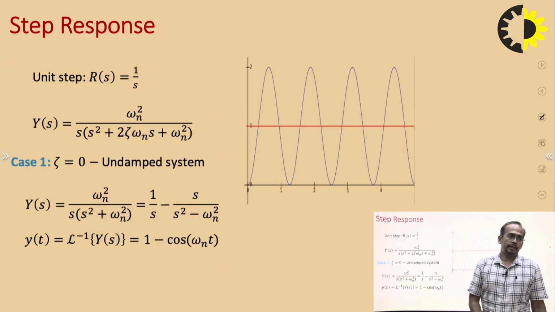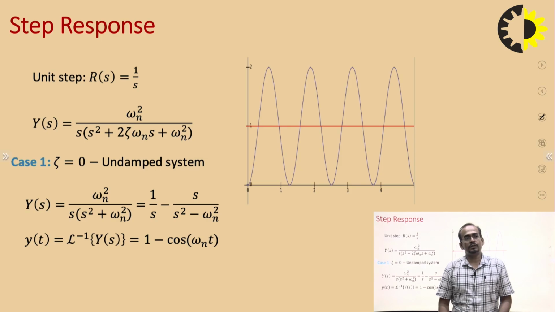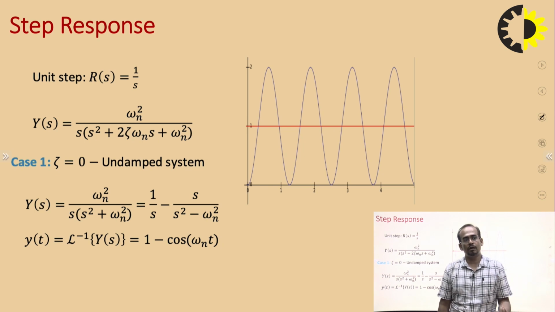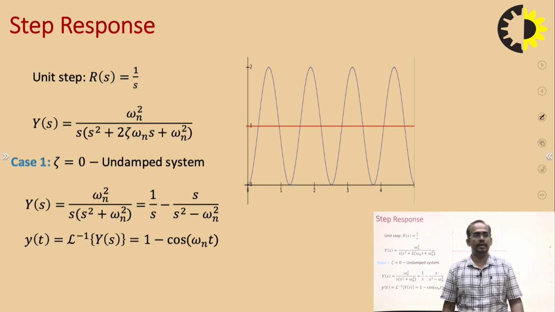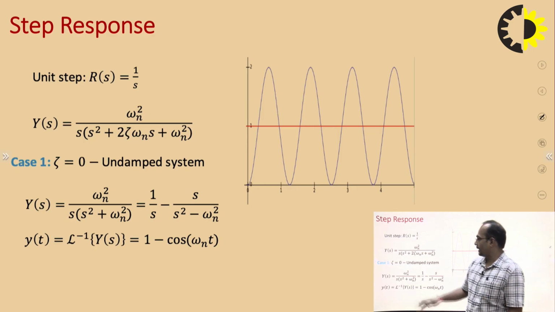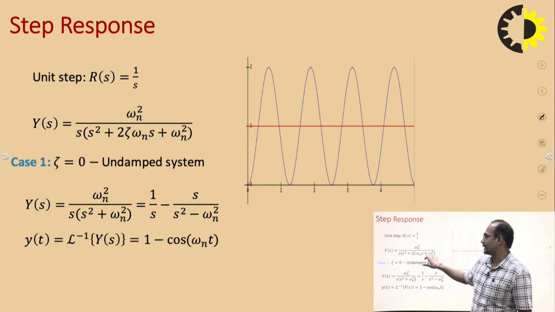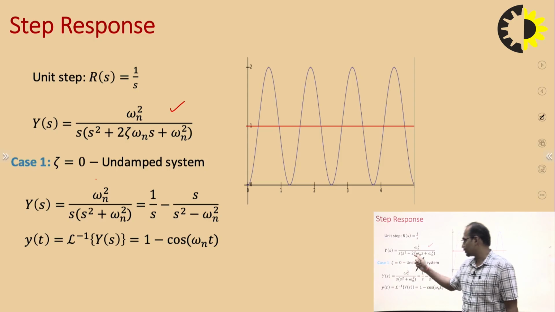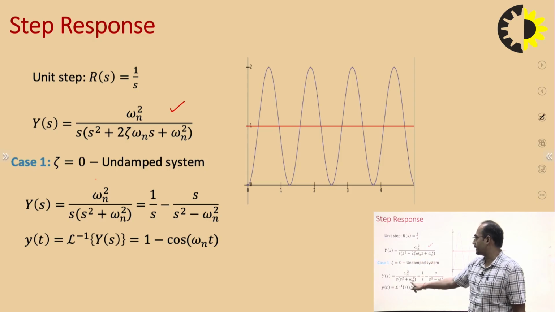Now coming to the step response. In case of step response, R(s) is equal to 1 by s, and I will consider each case for the value of zeta. So Y(s) is equal to omega n square upon s square plus 2 zeta omega n s plus omega n square. For zeta equal to 0, I will get omega n square upon s square plus omega n square.